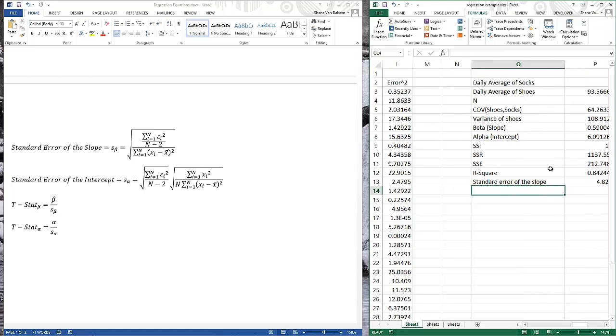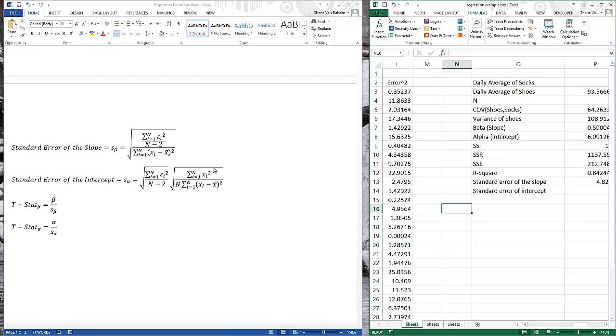So now we're going to calculate the standard error of the intercept. And the calculation for that is fairly complicated, so I'm going to leave my document over here open. The first thing we need to do is recognize the variables that we have. This numerator in the first argument is the sum of the squared errors, which we've already calculated. We've got the number of observations.